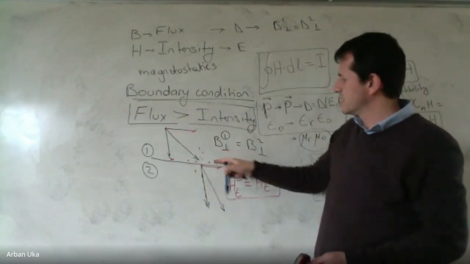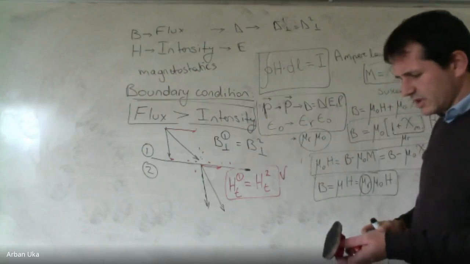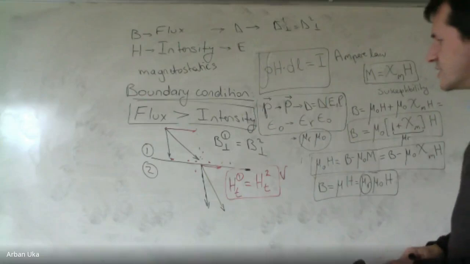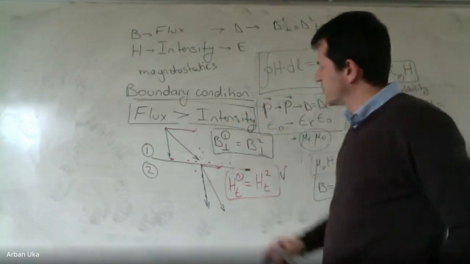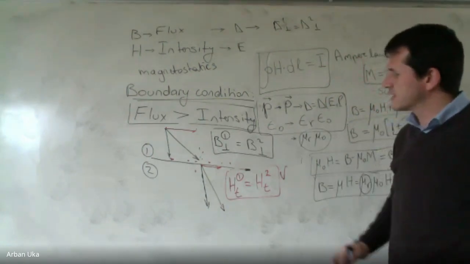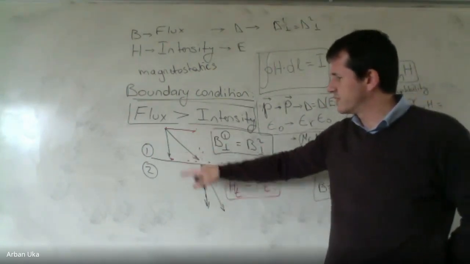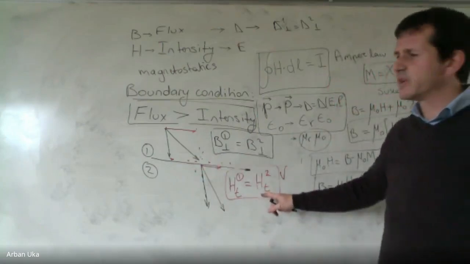But intensities, the best they can do is this. So the next topic is that we have to prove the boundary conditions, which essentially, even without proving, using only intuition, we expect all of you to know that fluxes, perpendicular fluxes, are conserved, even though we change medium. And tangent components, intensities, this is the best that they can do.